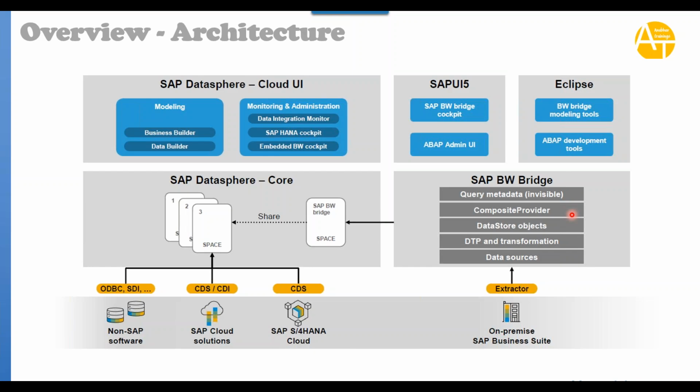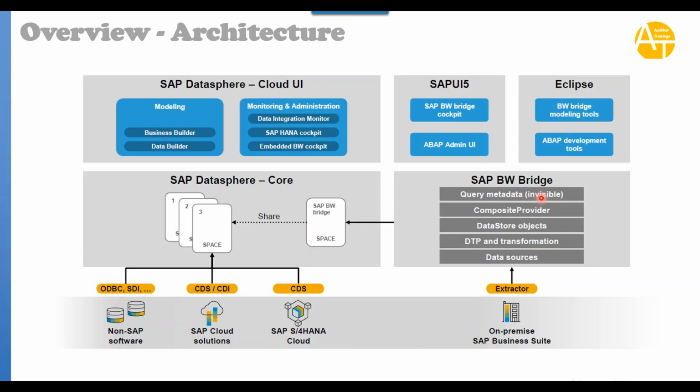As you can see on the slide, migrated queries are invisible. Yes, they are invisible, and those need to be imported in your BW Bridge space in DataSphere core. This is automatically provided from SAP inside of the space management.